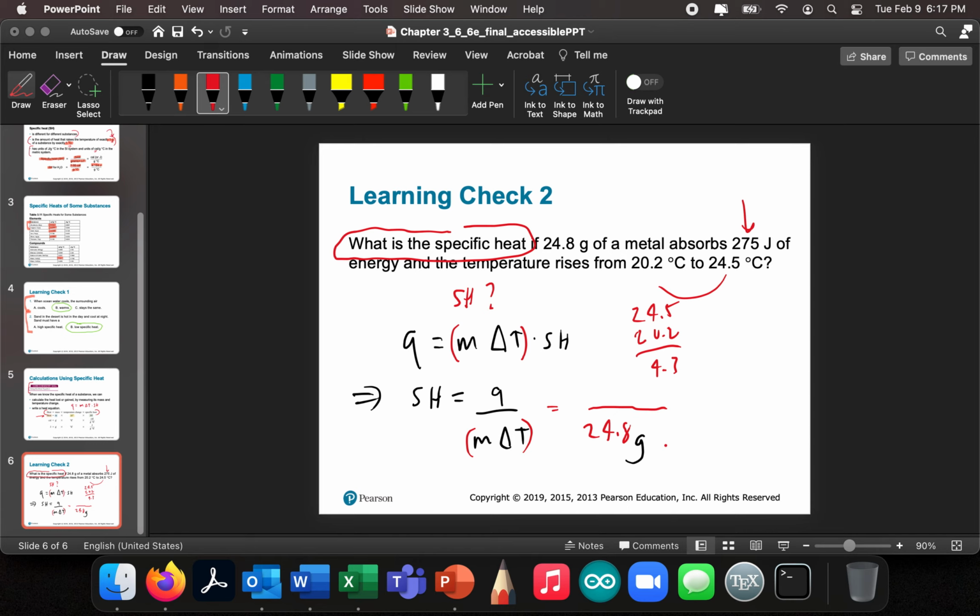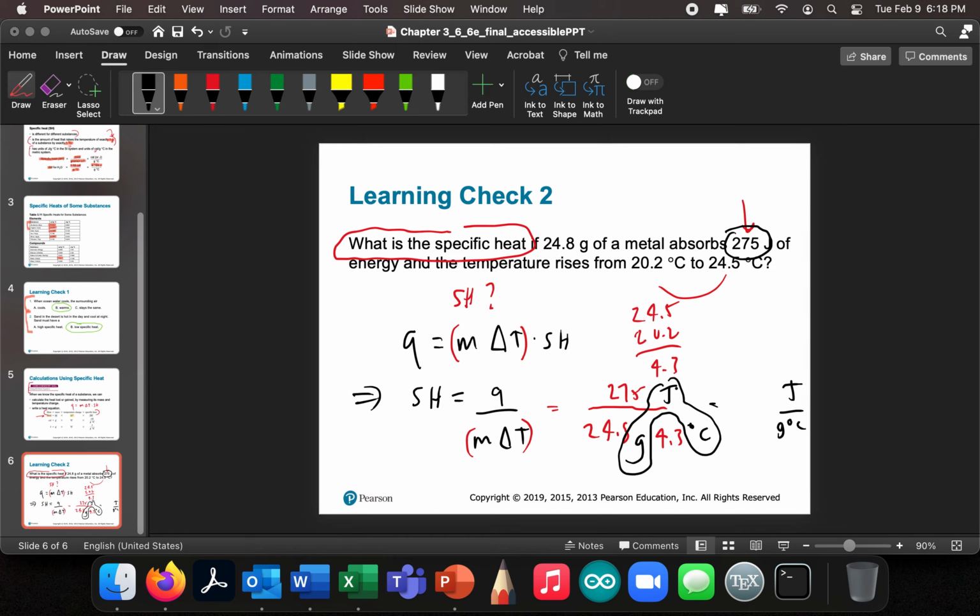So the change in temperature is 4.3 degrees Celsius, right? And energy is 275 joules, right? So it's going to be 275 joules, and we're going to find that whatever this is, it is joules per gram degree centigrade, because there are my units, right? Joules, grams, degree centigrade.